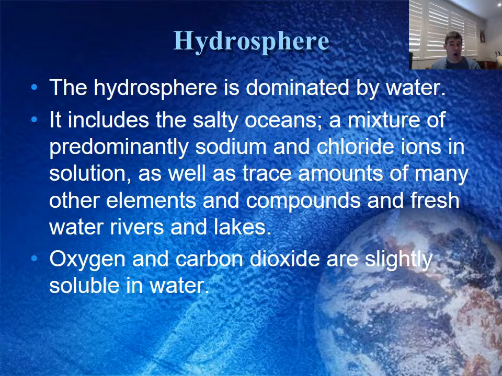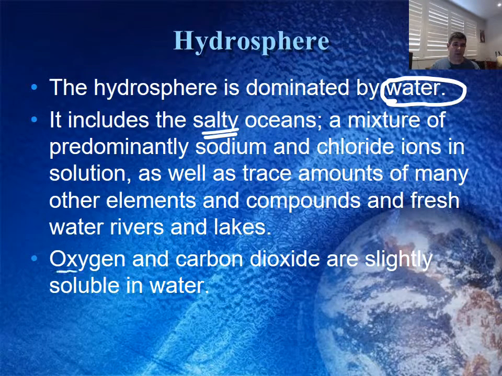The third sphere is the hydrosphere, and hydro means water, and so this is the sphere that is based around water, and that's both fresh and salt water. So we've had a question already around the oceans and the sodium and chloride ions that are present. You also have calcium ions, carbonate ions, a few other different elements and compounds, ions, that are present in both fresh water and also in the salt water, just in varying concentrations.